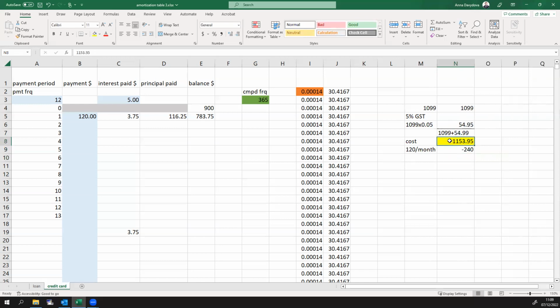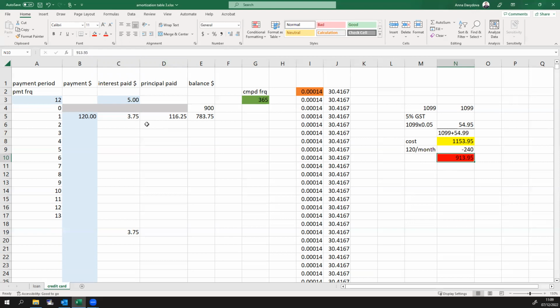And instead of $1,153.95, she will be paying $913.95. Very good promotional offer. That's the amount that she's going to put on the credit card.